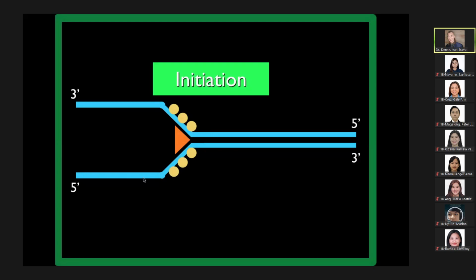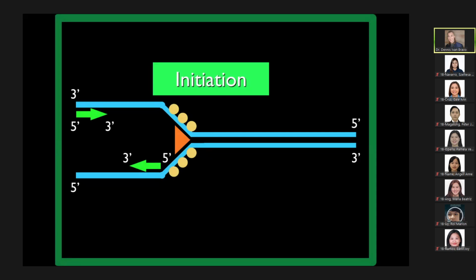So now we have here the parental DNA strands ready to serve as templates, but first, primers have to be laid down by the enzyme primase. Now remember, primers are not composed of DNA, but are rather composed of RNA. So the enzyme primase can also be referred to as an RNA polymerase because that's what they do.